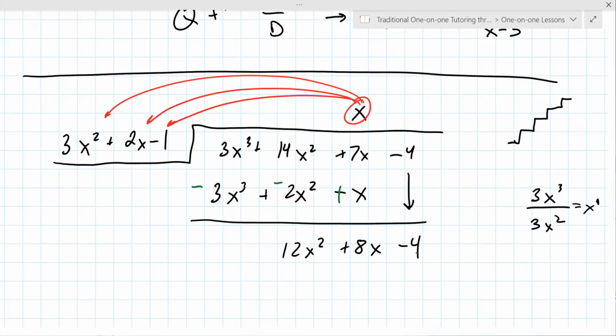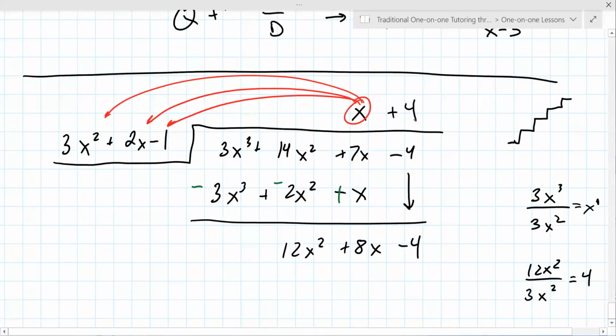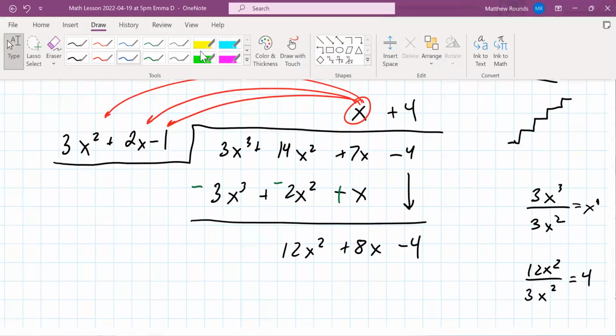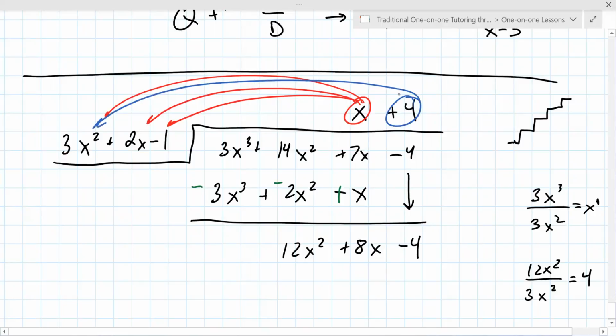And then you repeat. What do you multiply 3x squared by to get 12x squared? Or you take the 12x squared and divide it by 3x squared to get your answer, 4. And again, you multiply everything: 3x squared, 2x, minus 1.